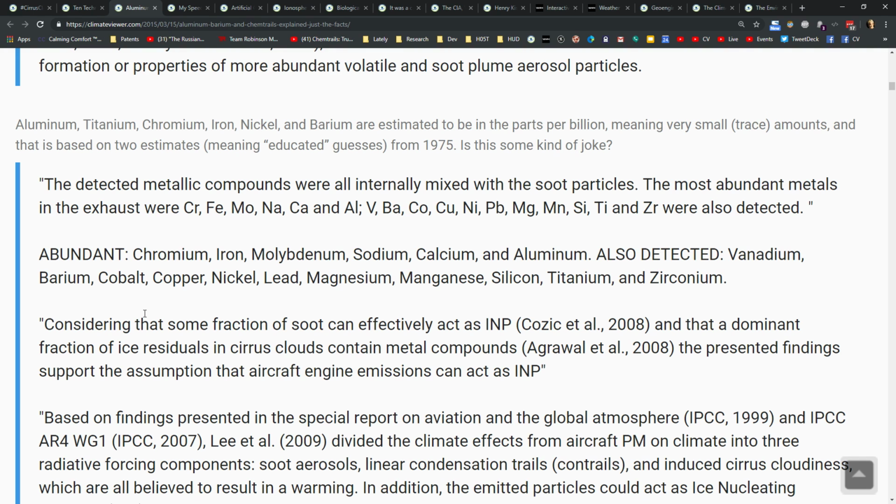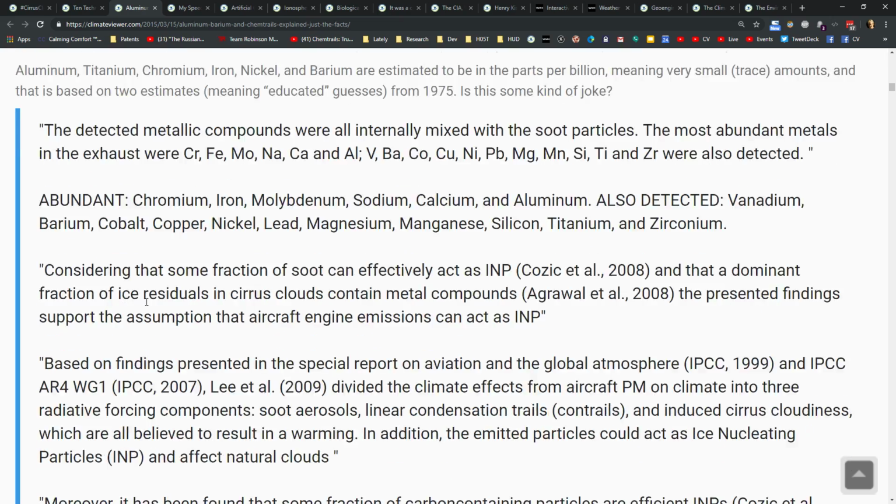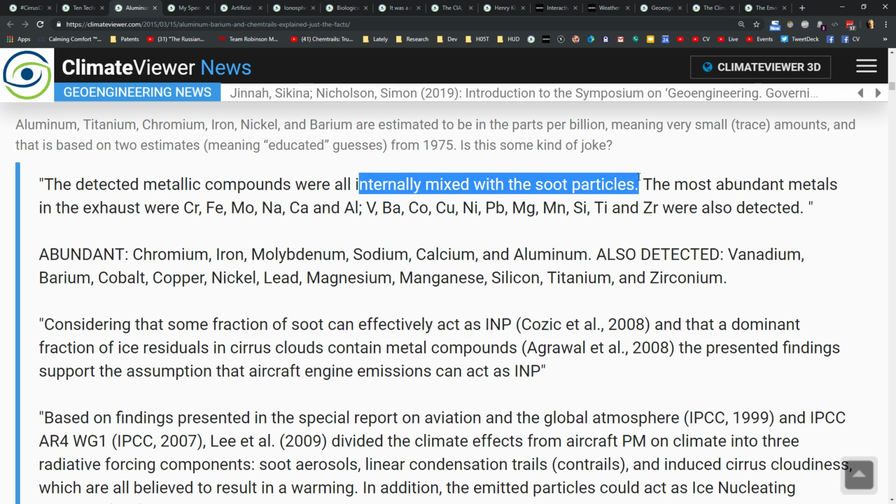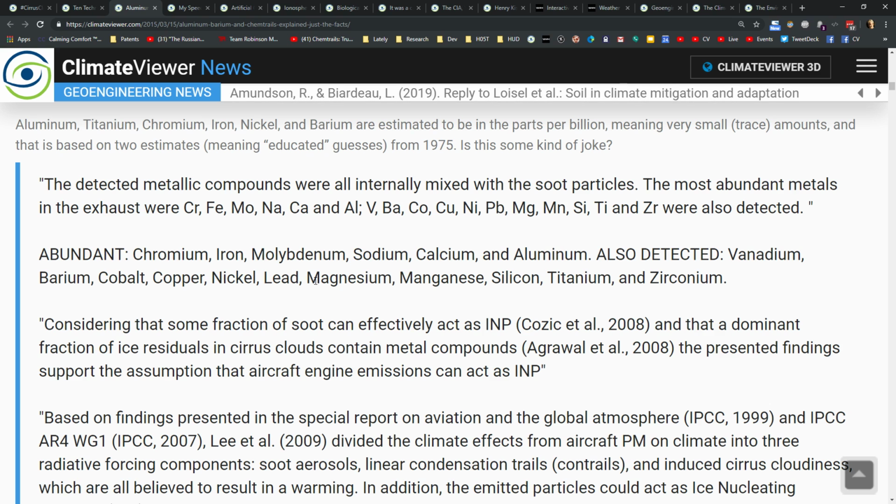In a recent study done by Ulrich Lohmann, you can see right here, the detected metallic particle compounds were internally mixed with soot. Okay? The most abundant metals in the exhaust of jet aircraft, coming from jet fuel, not pipes, not pumps, from jet fuel in jet engines, burning that stuff, were chromium, iron, molybdenum, sodium, calcium, and aluminum.